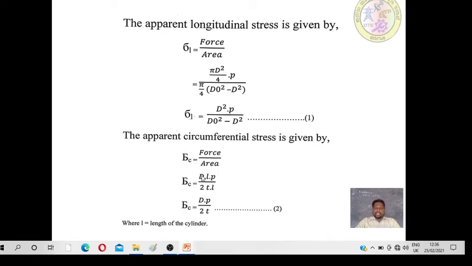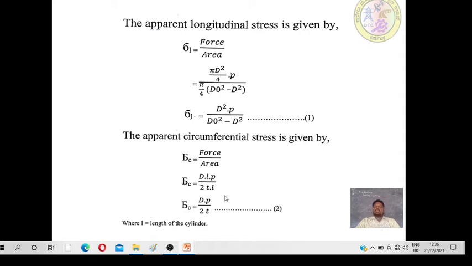Here force is d into L into p, area into pressure, divided by the cross sectional area at which the circumferential stress is acting, that is 2 into T into L. So you have to consider the thickness of the cylinder wall into the length of the cylinder into 2, because it is acting in the opposite direction, double side.